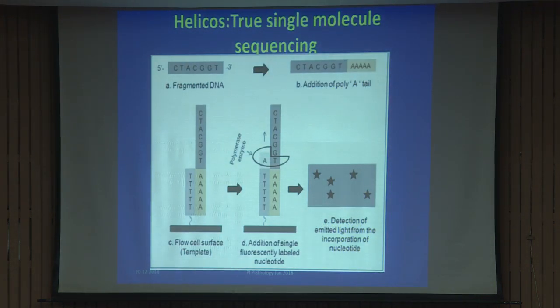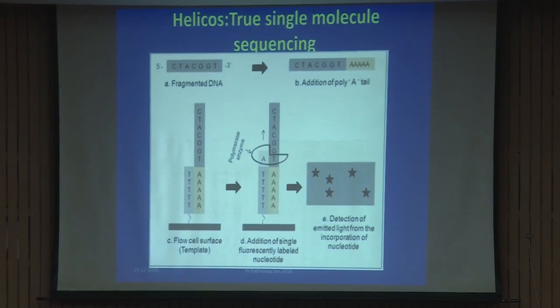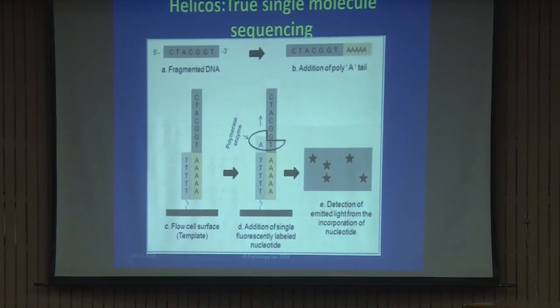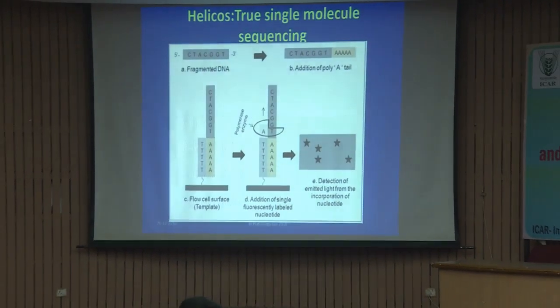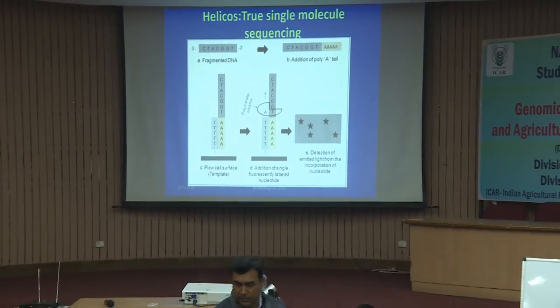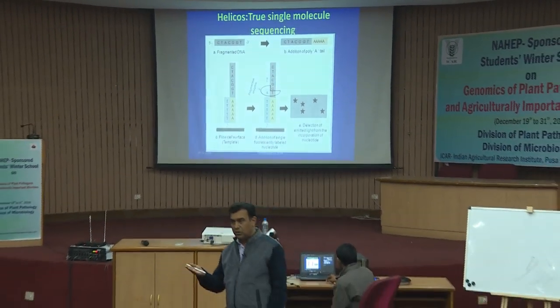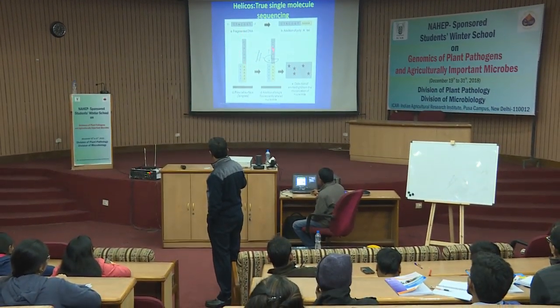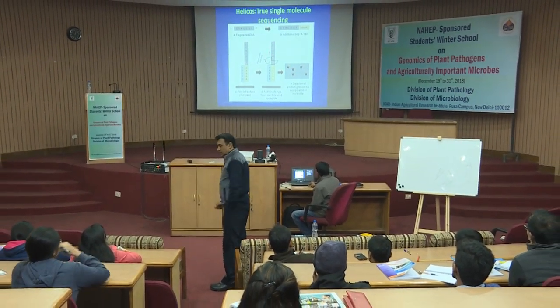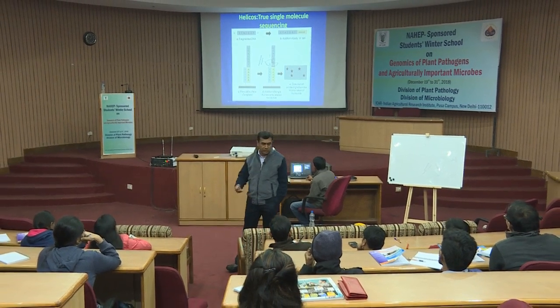Then sometime in 2008, we had a new term in the market called single molecule sequencing, and the company was Helicos, or the product was Helicos. The principle was very simple. You again generate fragments of DNA attached to a glass slide, and then you can extend using polymerase enzyme the chain of DNA which you want to sequence.